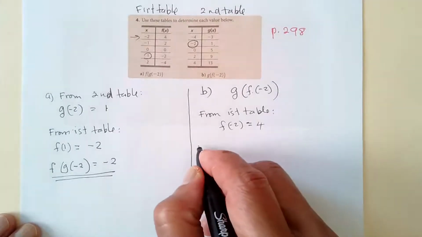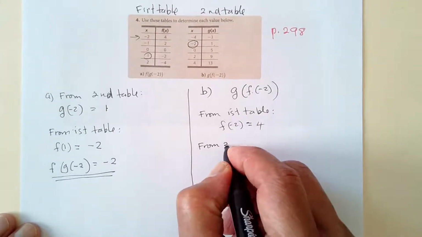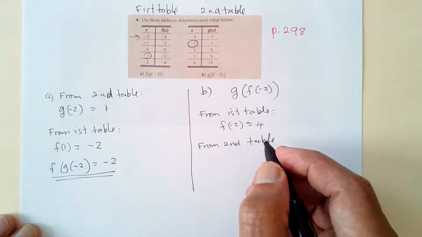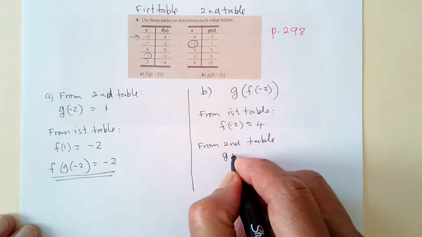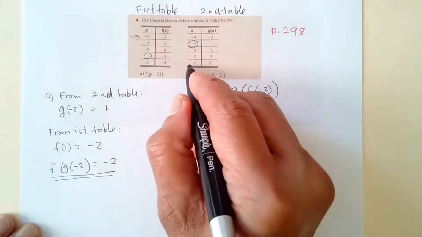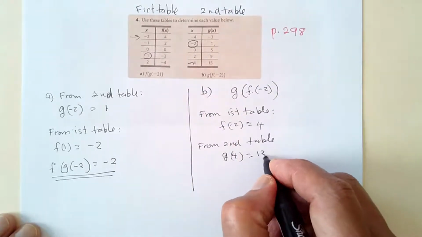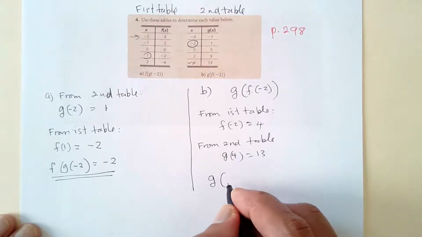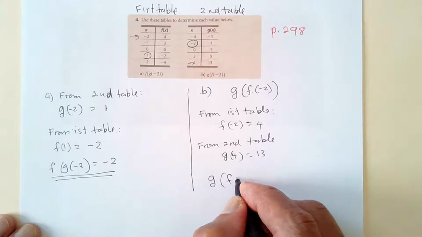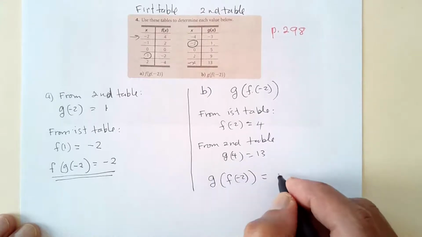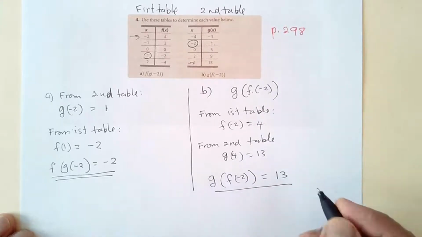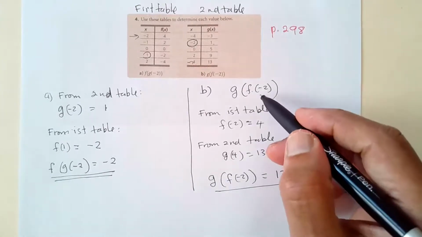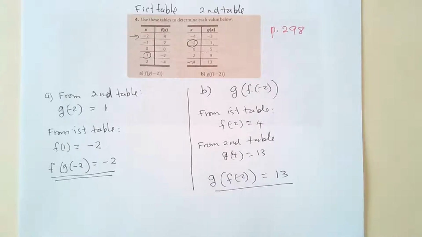Then from the second table, we have g of 4 equals 13. So we can conclude g of f of negative 2 is equal to 13. So I will begin from the inside and go to the outside.